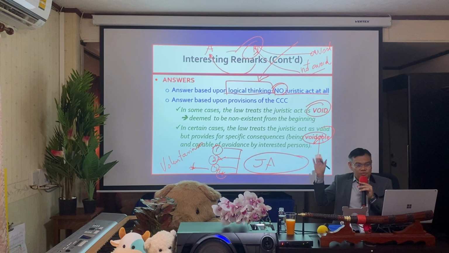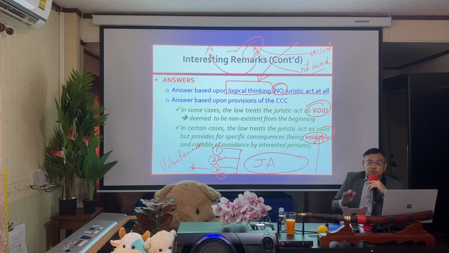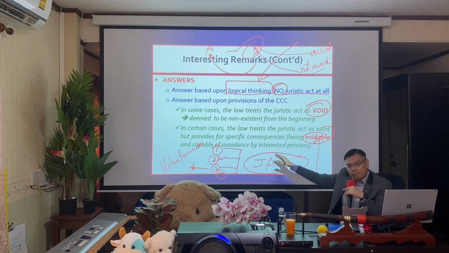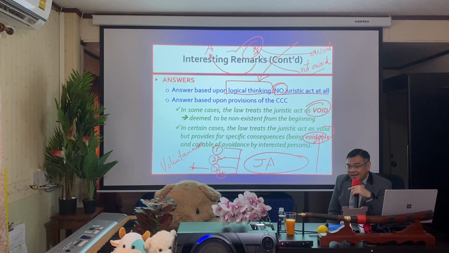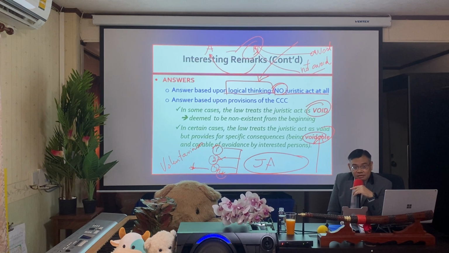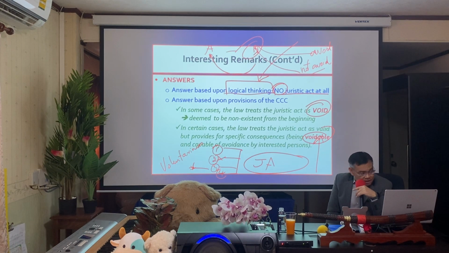So we can conclude that we should not just take it that if one of these 4 elements is missing, then there is no juristic act. The law says that in some situations the juristic act will be void, but in some situations the juristic act is still there. It remains valid, but it is subject to avoidance.